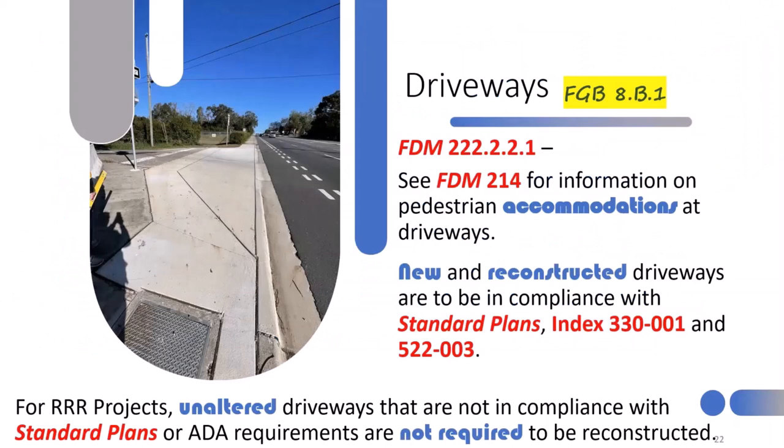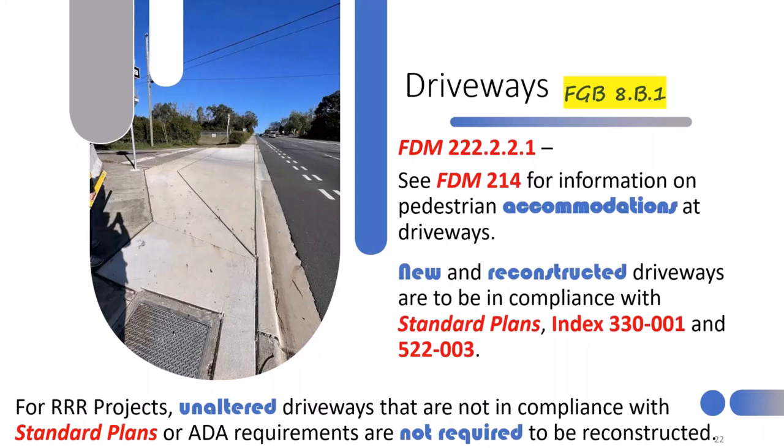Okay, for driveways, very similar to what I alluded to earlier about sidewalks. If the sidewalk is not included in the project scope for improvement, then existing sidewalks that are 4 feet or greater can remain. Similarly, for 3R projects, if the driveway is not included for improvement in the scope, but it's known not to be in compliance with the standard plans, then reconstruction is not required.